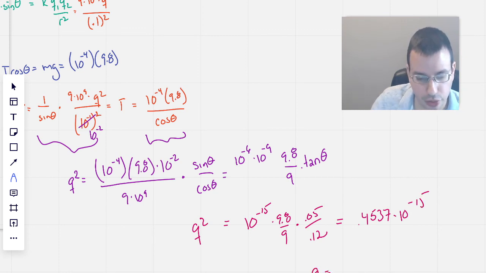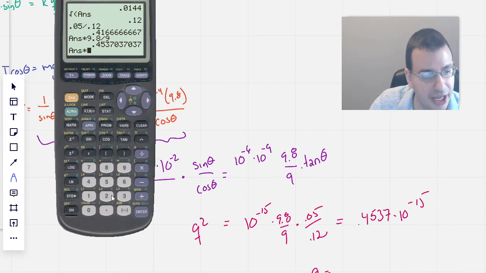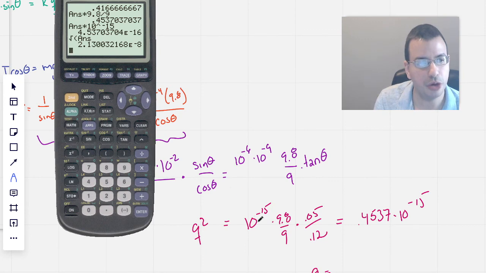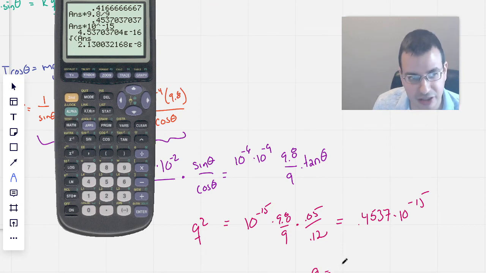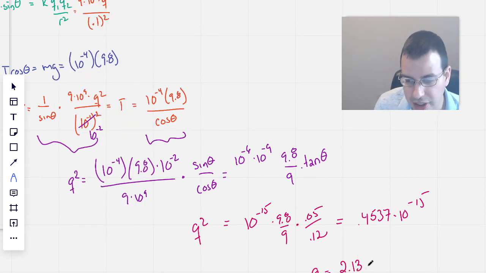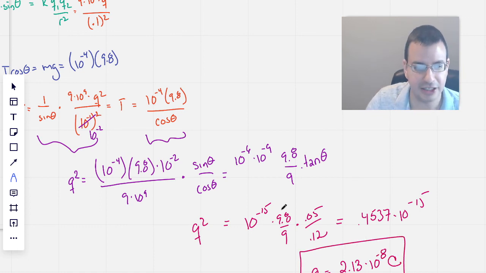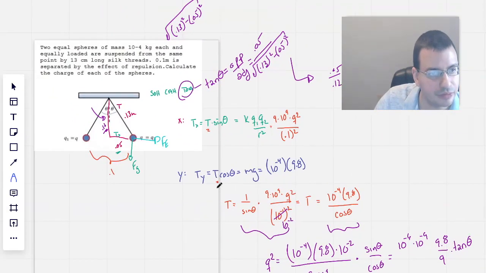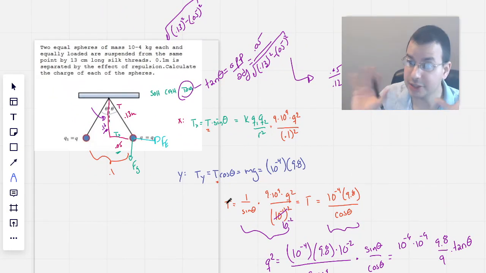Therefore, when we square root that, very small number, yep, we get 2.13 times 10 to the negative 8 coulombs. Excellent. So that seems very reasonable.